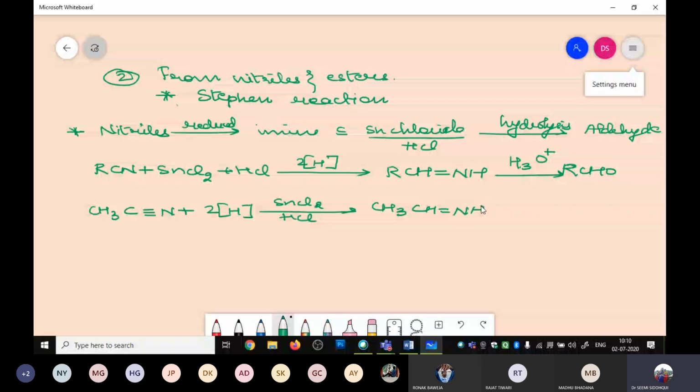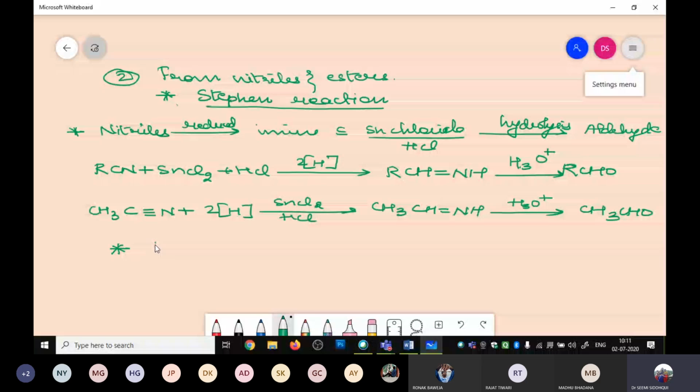Now, for the reduction of the nitrile, I have taken stannous chloride in the presence of HCl. Suppose you want to substitute it, you can take another reducing agent, that is DIBAL-H. This reducing agent also reduces nitriles into the corresponding imines, which on hydrolysis provide you the aldehyde.